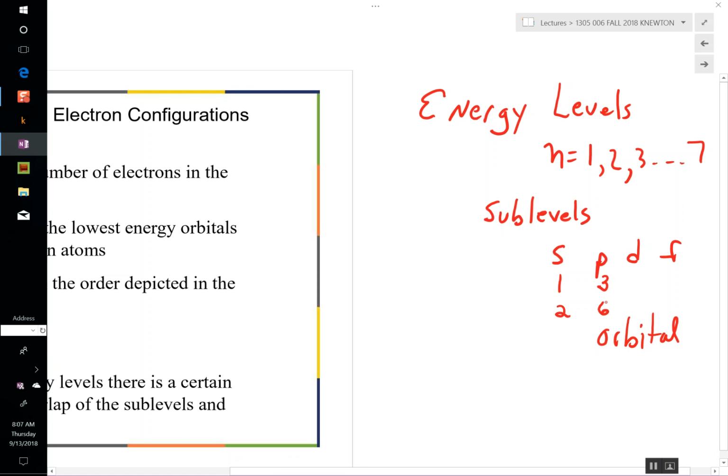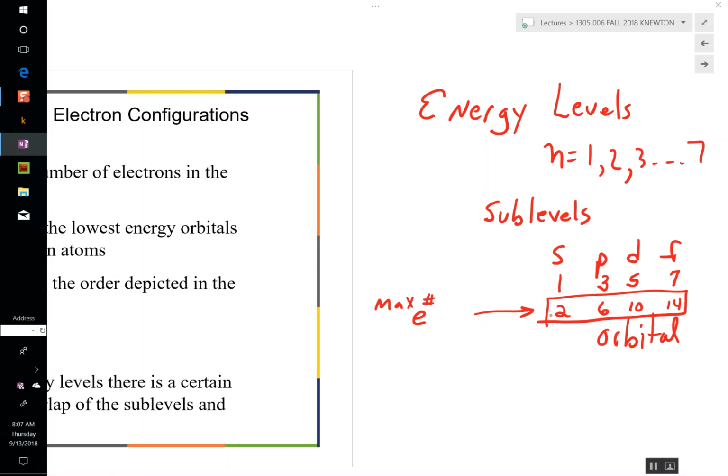We didn't mention this Tuesday, but we did mention the maximum number of electrons. D has 5 orbitals and it holds 10 electrons, and F has 7 orbitals, 14 electrons. This is what you really need to remember, the capacity of those sublevels.